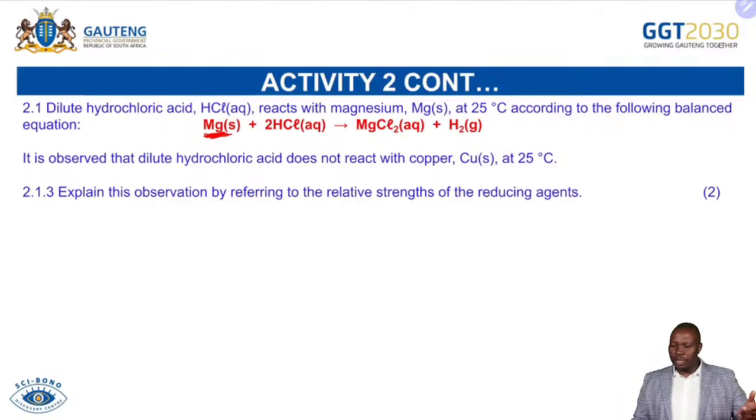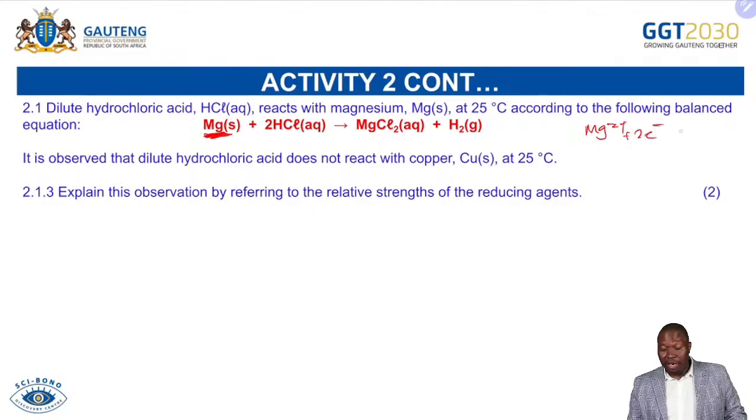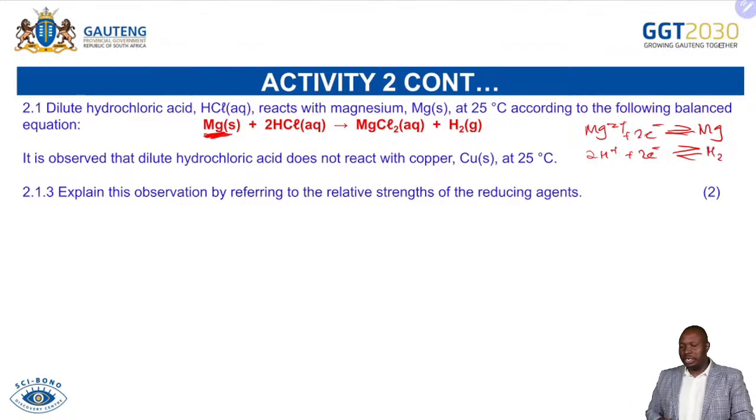And if you go to that table, you will see that the table is given as Mg2+ plus 2 electrons from table 4b, forming Mg. And you have 2H+ plus 2 electrons forming H2.